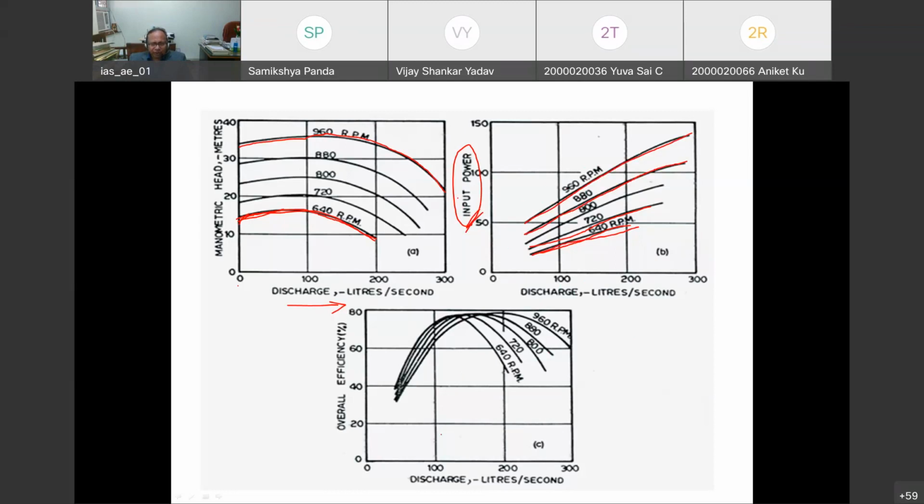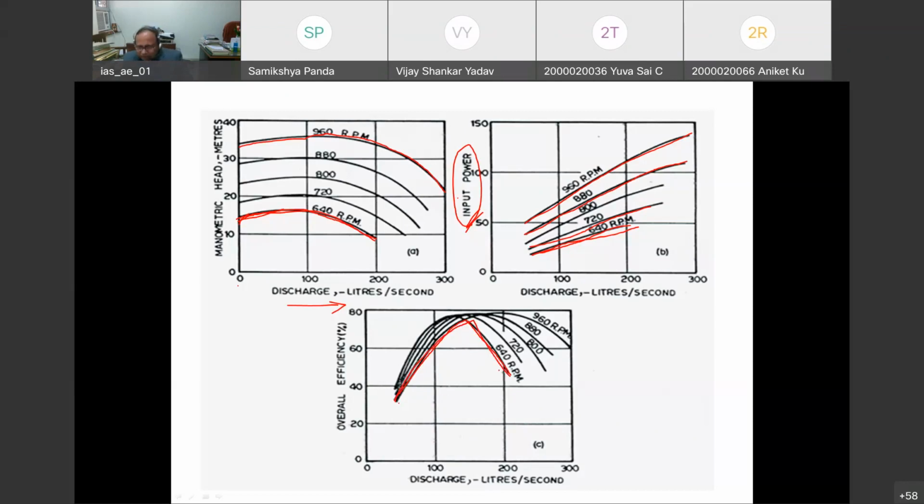Similarly, if you come to the overall efficiency of the pump, it will also increase with the increase of the discharge. If you see at a particular RPM, after that there is a decrease in the efficiency. It increases up to a certain discharge, and after that the efficiency starts decreasing.